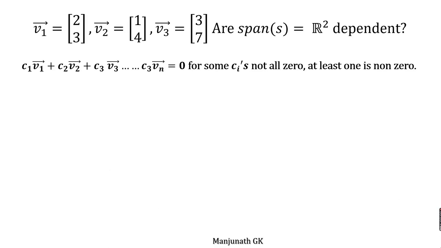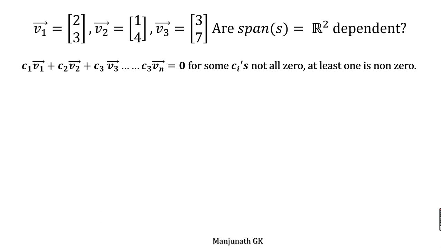Okay, next set of problems: v1, v2, v3 span, are they dependent? Here, using the rank of a matrix it is difficult to find out. Rank of a matrix can be calculated only if the number of rows is equal to the number of columns.